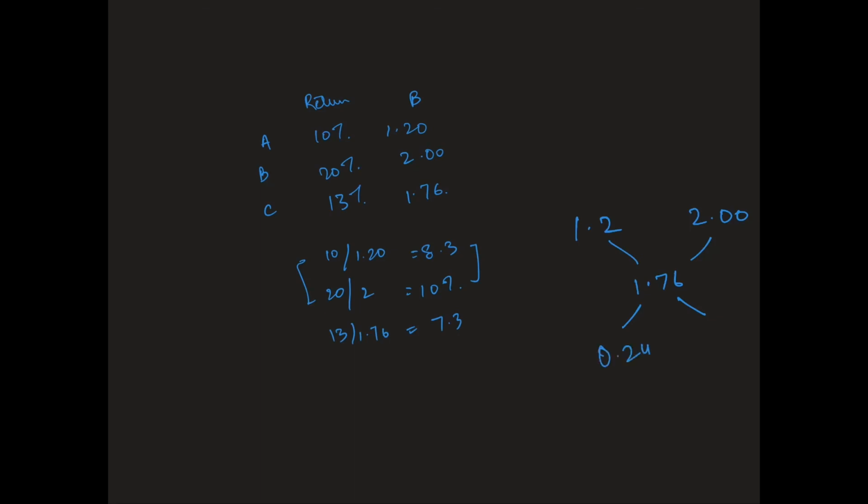This is 0.24, 0.56. Let me just verify that very quickly. So this comes out to be 30%, 70%. Now be very careful. 30% of this, 70% of this. So I'm going to take 30% of A, 70% of P.